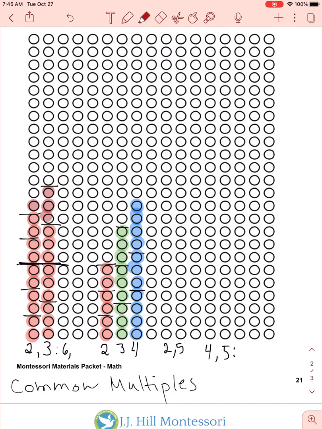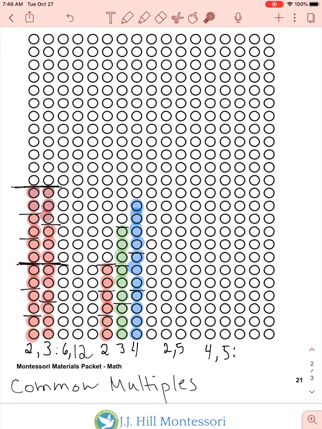And 1, 2, add a marker. So I'm just finishing up what I had started last week. And I see I have another common multiple. What's my next common multiple? 1, 2, 3, 4, 5, 6, 7, 8, 9, 10, 11, 12 is the next common multiple. So these are the common multiples of 2 and 3.